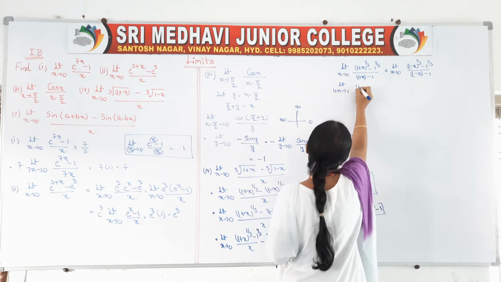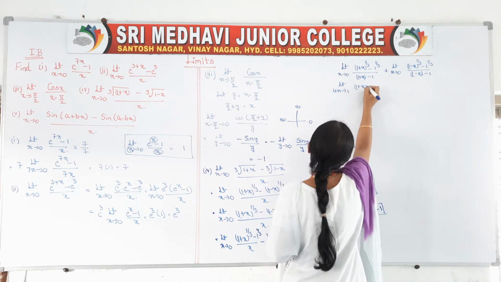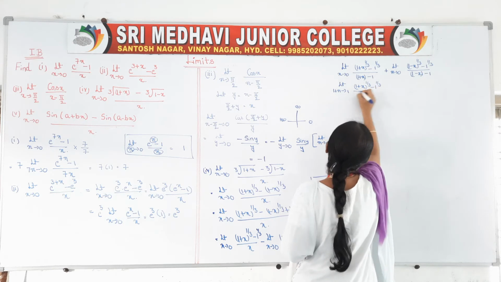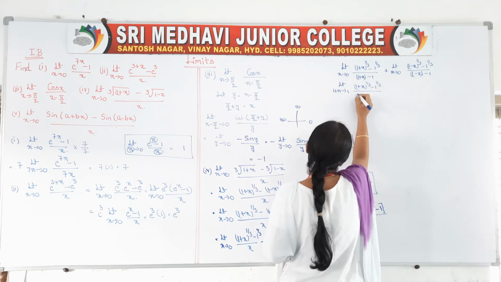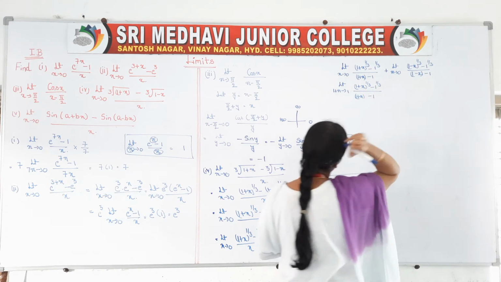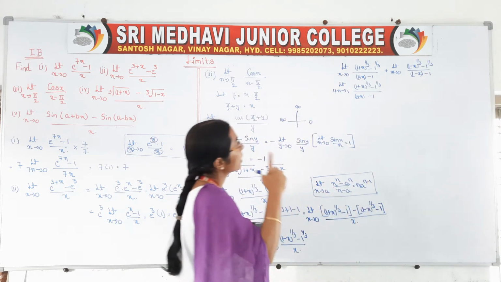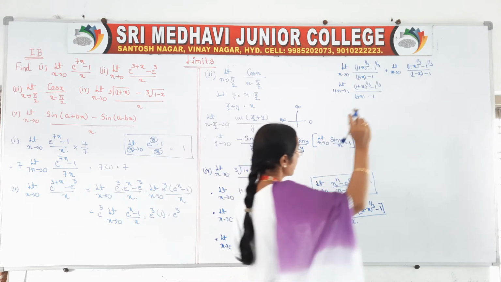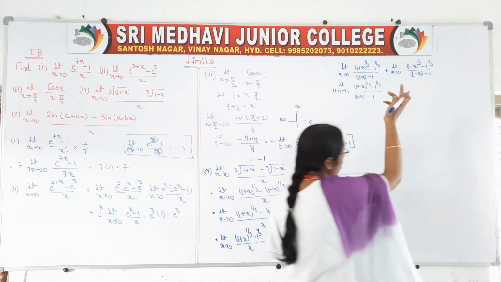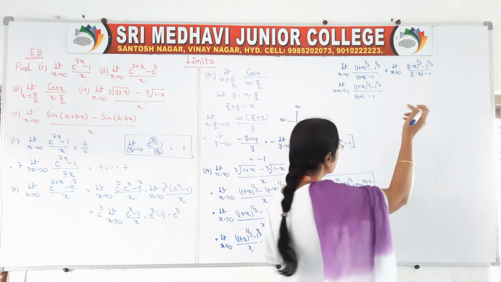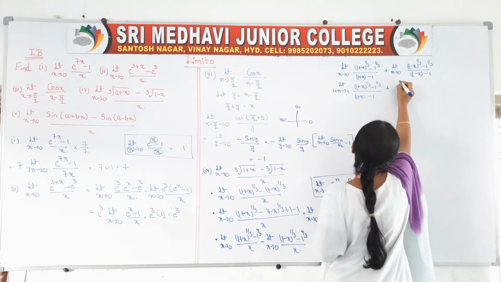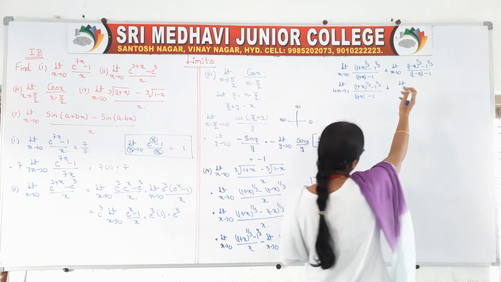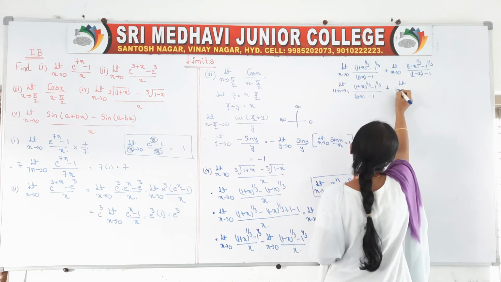Now it is exactly in your formula form: (1 plus x)^(1/3) minus 1^(1/3) by (1 plus x minus 1). Similarly, that should be 1 minus x tends to 1. Definitely, if x tends to 0, minus x also tends to 0 only.